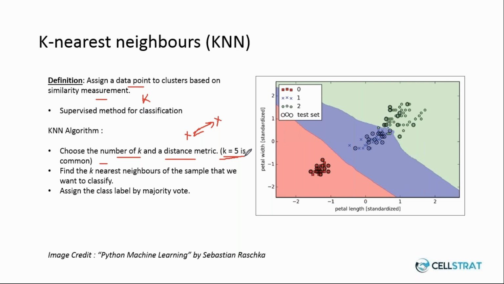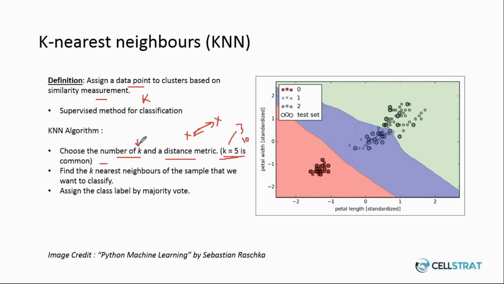Typically, we like to use k equal to 5, but it could be an arbitrary number. I could set it to 3, I could set it to 10. It is left to the choice of the data scientist. So k becomes a hyperparameter. If you know machine learning, we have certain parameters which are decided by the data scientist. They are called hyperparameters.